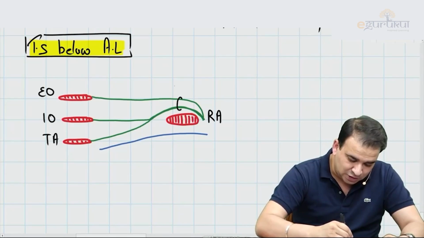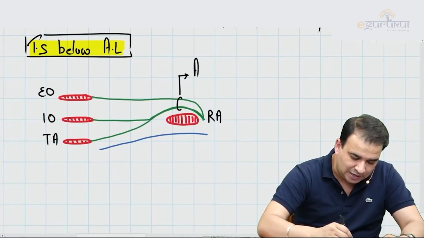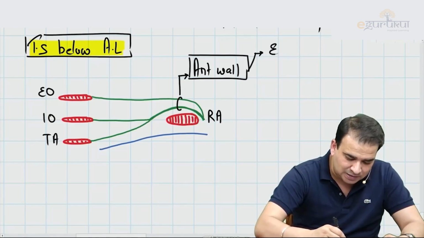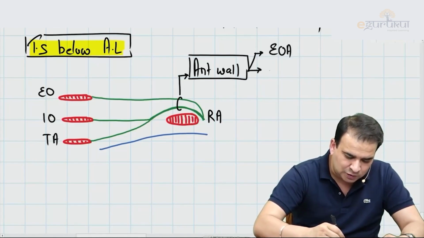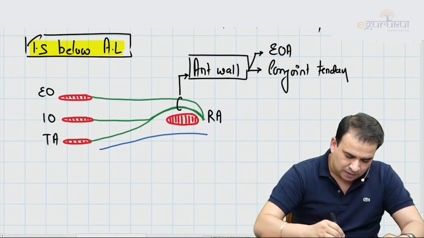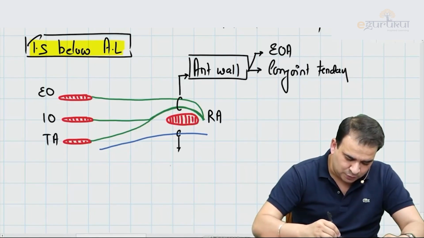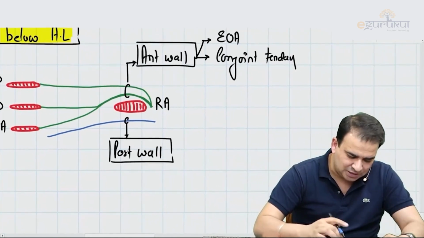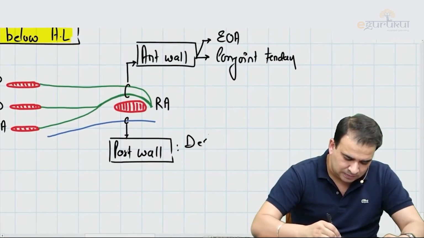So guys, if the section is below the arcuate line, you can see this anterior wall. This time the anterior wall is just by external oblique aponeurosis and also by this solid conjoint tendon. Whereas the posterior wall of this rectus sheath is deficient.